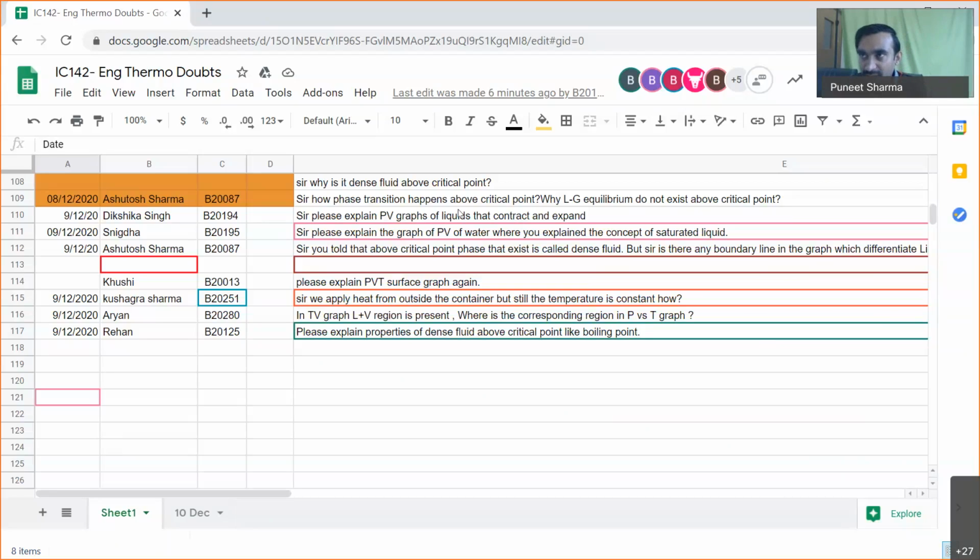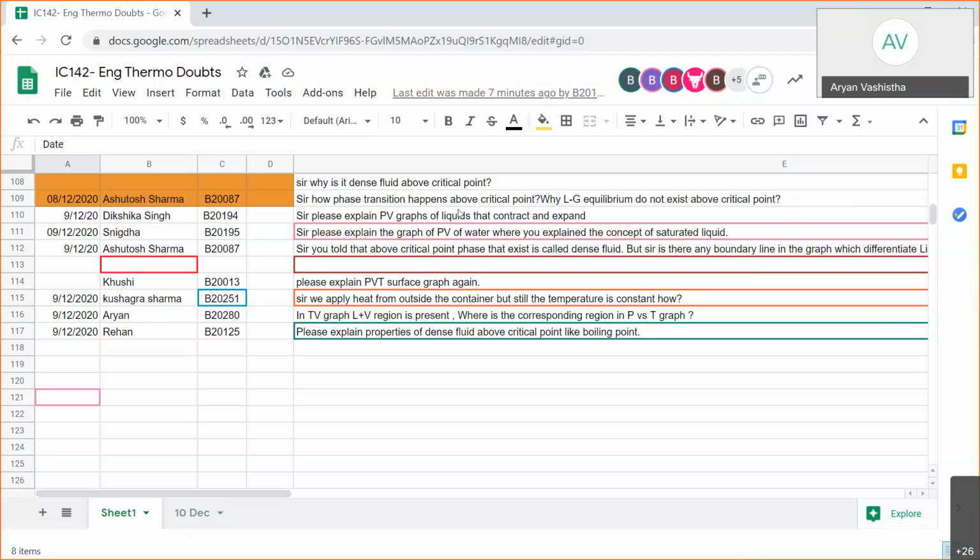So we are not having detailed region that is not visible, because PT graph is nothing but plotted along a direction of the volume. So while we will be taking the projection, both the saturated liquid line and saturated vapor line will be coinciding on a single line. So that line itself includes both the regions, and we cannot see the details. Is this point clear? Yes, sir.